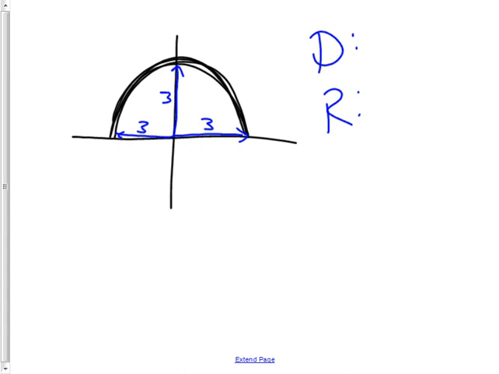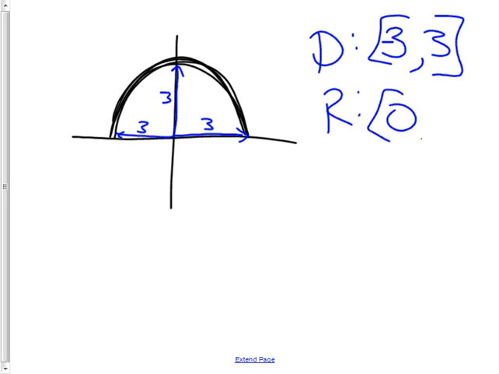What's the domain? There you go. I was going to see if you'd fix it. There you go, with another bracket. You are correct. And how about the range? You got it. Okay, so there's domain and range from a picture.